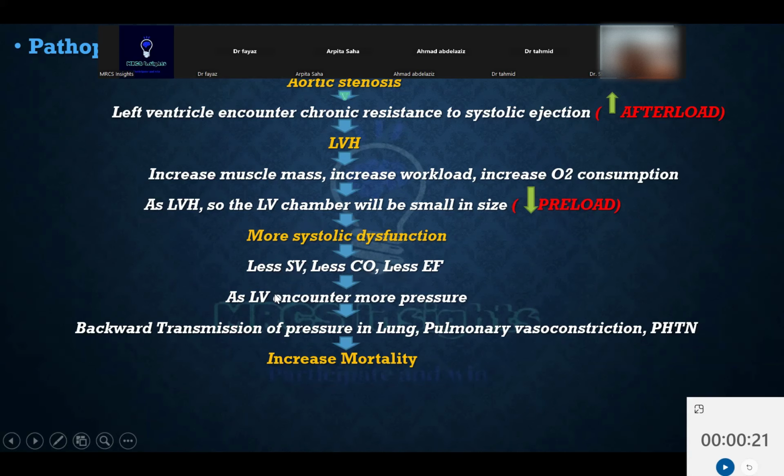Also, as the left ventricle has to encounter more pressure, there will be backflow of this pressure into the lung, which will cause pulmonary vasoconstriction, and as a result pulmonary hypertension, and it will cause increased mortality. Get it, Dr. Orpita? Yes, I got it. Very good. Now I think you can tell it more easily.